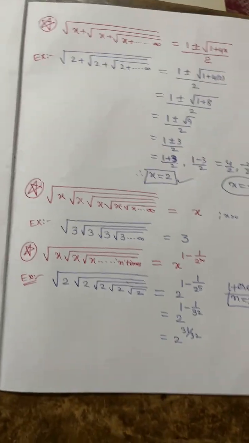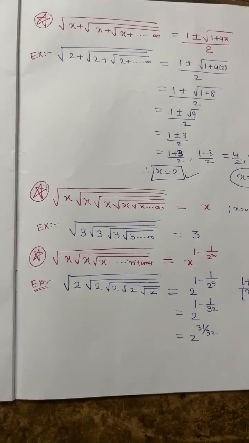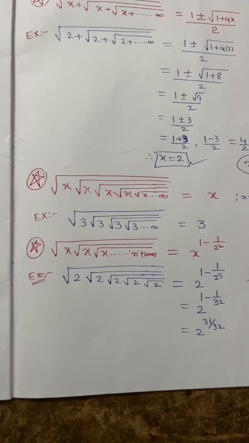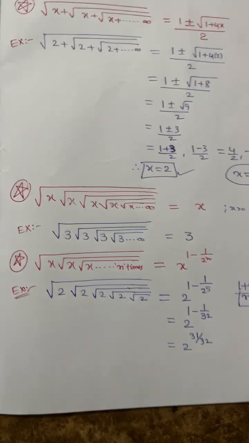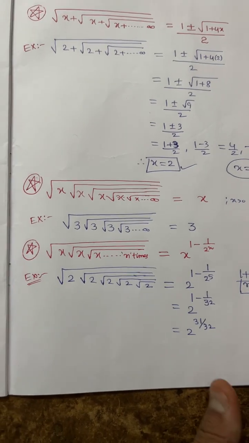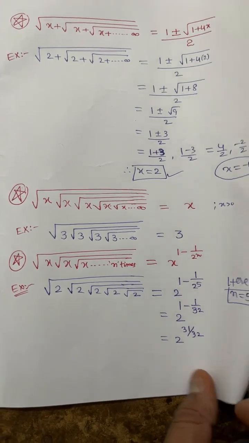One more example I will give, dear students, but not in the direct way. It is in the indirect way. How they will ask the question based on this, I will turn on the page and explain here. Suppose, let us find the value.